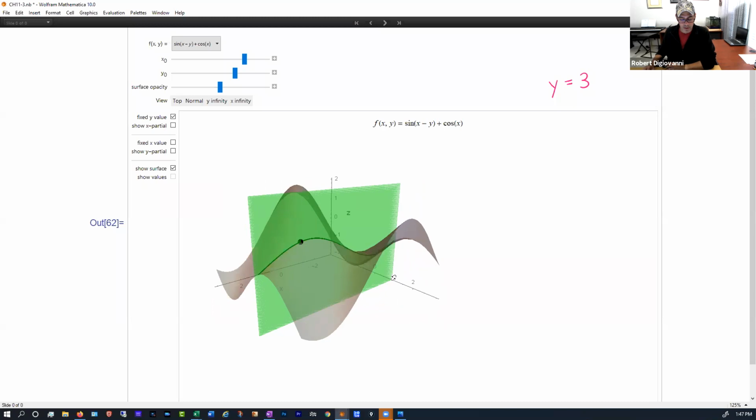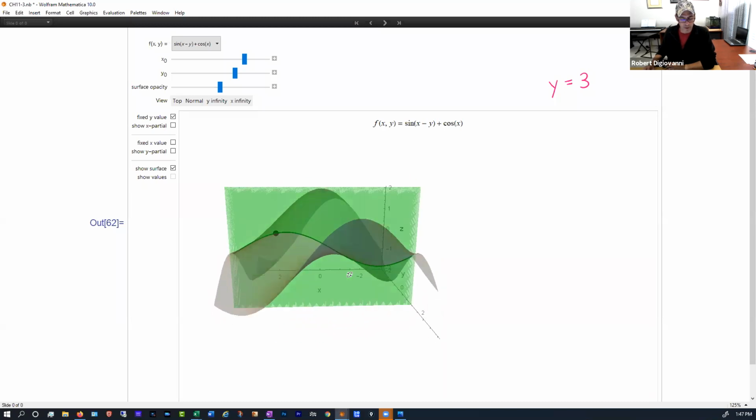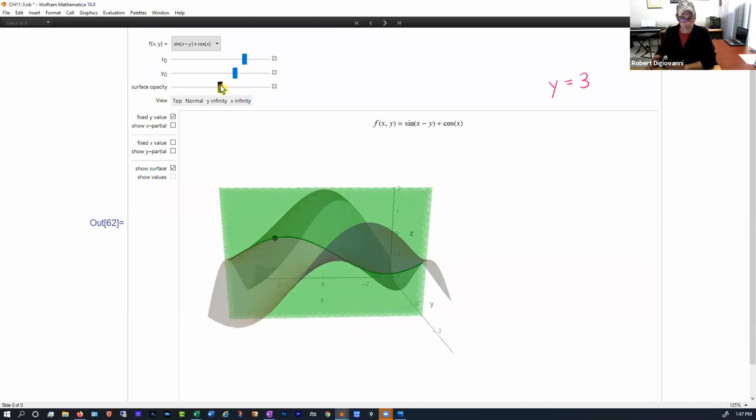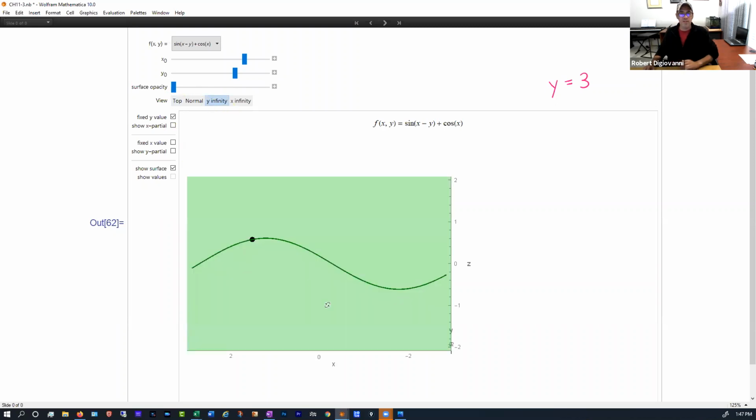Now, it's complicated to look at it this way. So I've made this so I can pull the surface out and hide it from you, so that you can just see the plane and the intersection curve without the surface in the way. Do y'all see that if we look at it this way, we're back in Cal-1?